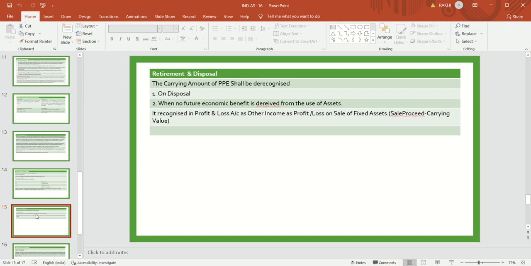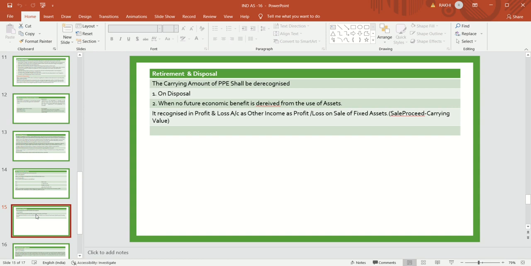Then subsequently, at the reporting date, how will the company make the treatment every year during the useful life of the asset, how will it charge depreciation, how will it revalue its asset, which model it uses, cost model or revaluation model, how will it impair its asset, and then at the end of the life of the asset, at the time of the retirement of the asset, how will the company make the treatment in its books of account.